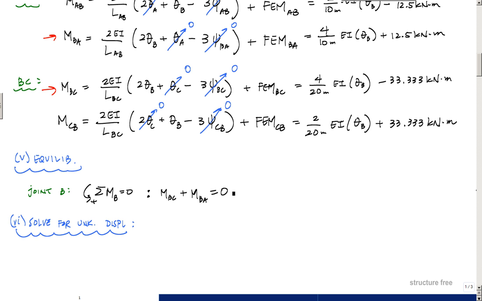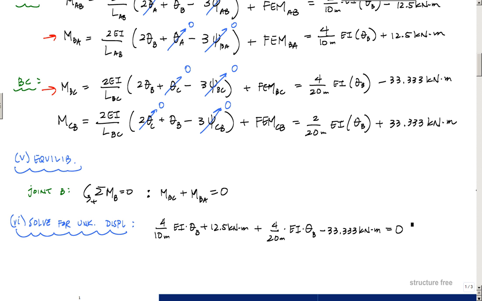If I go ahead and solve for this here, I'm just going to plug and chug. This will be 4 over 10 meters times EI times theta B, plus 12.5 kilonewton meters, plus 4 over 20 meters times EI times theta B, minus 33.333 kilonewton meters equal to 0.